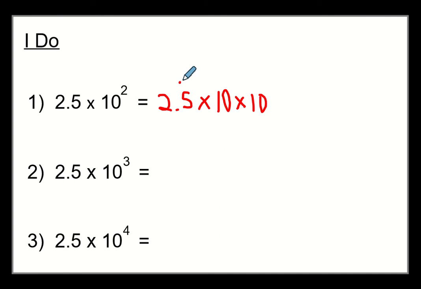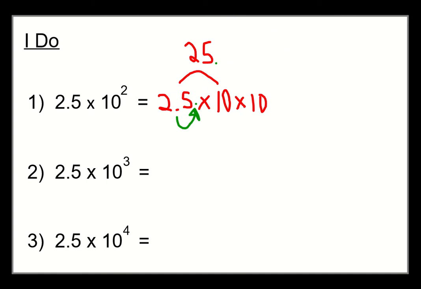When I multiply 2 and 5/10 times 10, I end up getting the whole number 25. What essentially has happened is I have moved my decimal over. When I multiplied that 2 and 5/10 by 10, I moved that decimal over one place, and I dropped it to the right of that 5.